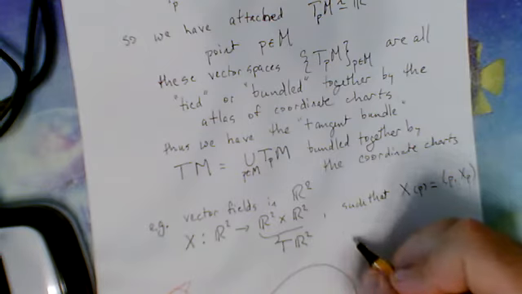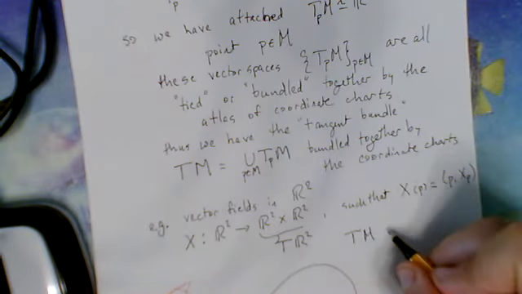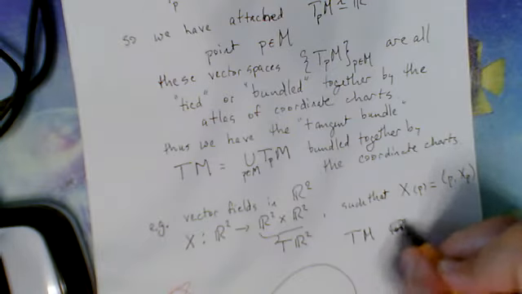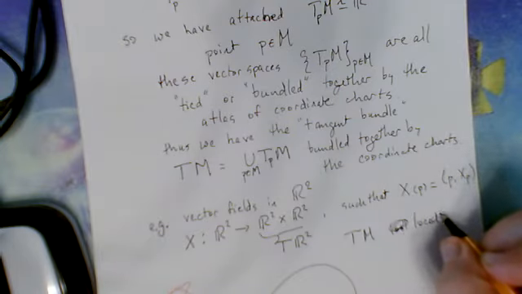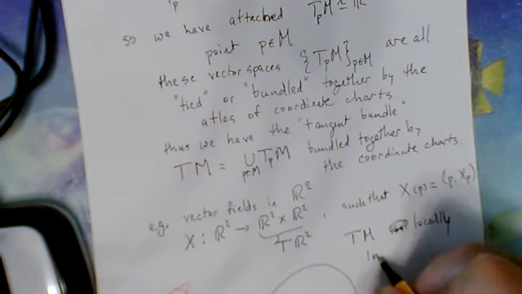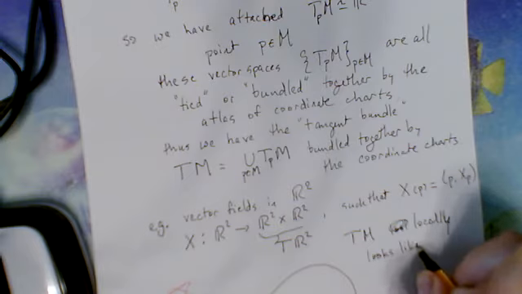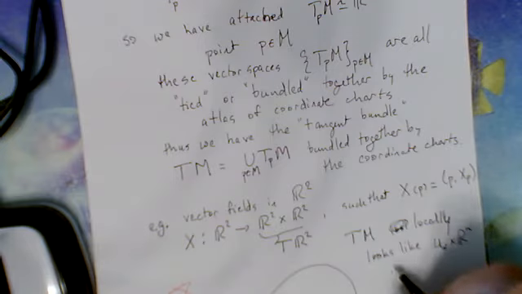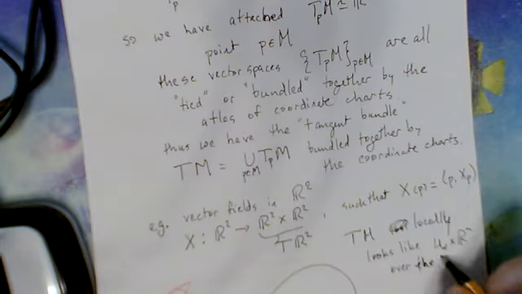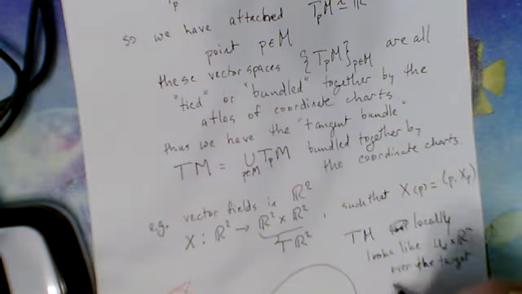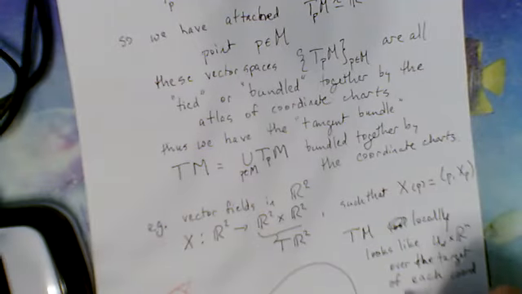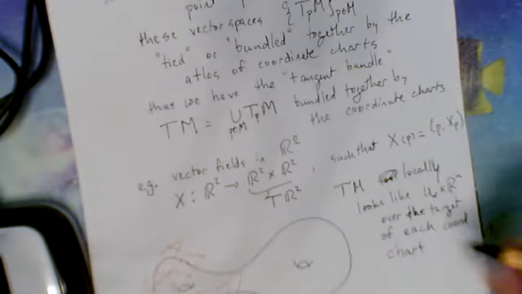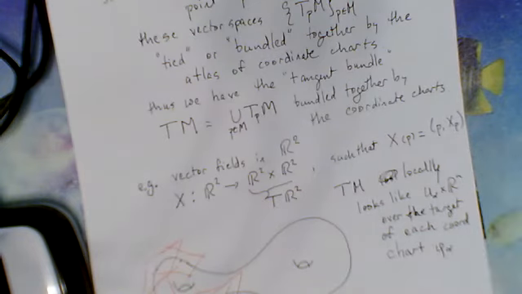So the tangent bundle locally looks like U alpha crossed with Rn, the target space of each coordinate chart phi alpha.